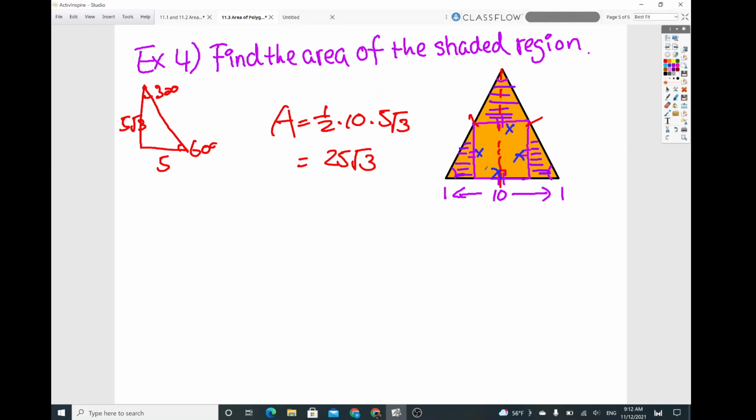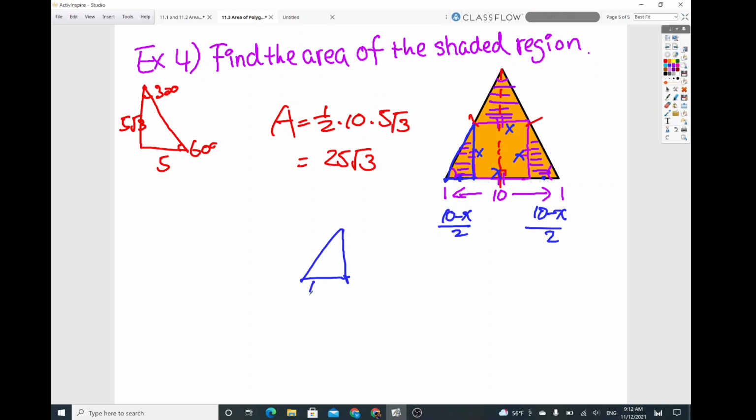The total length of the bottom base is 10. So 10 minus x, divided by 2, will give us the base of this triangle, because the rest of the segment is split into two congruent parts. Once we get that, we have another right triangle here.